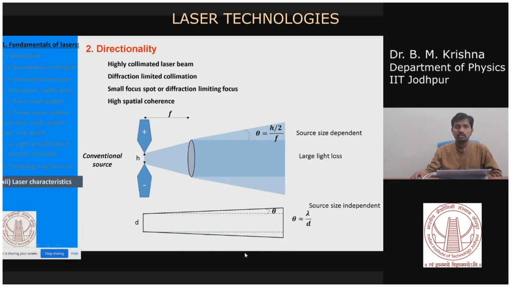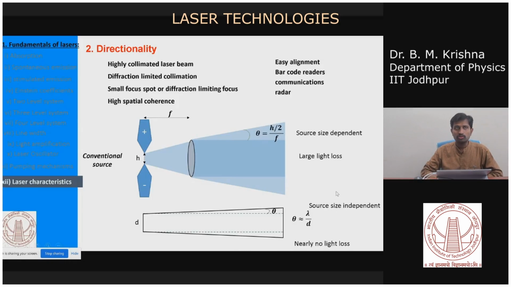That is why your laser beam is highly collimated, and in this case the light loss will be very negligible over certain distances.